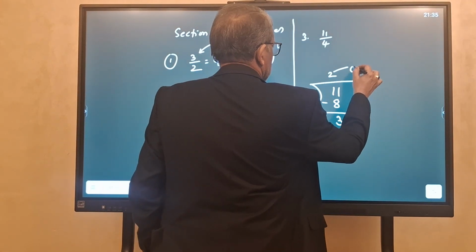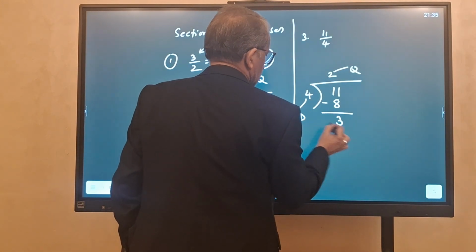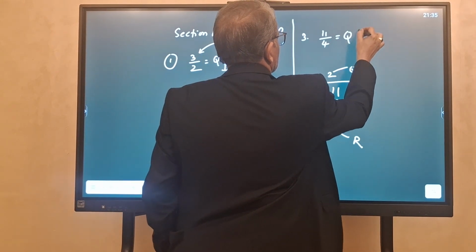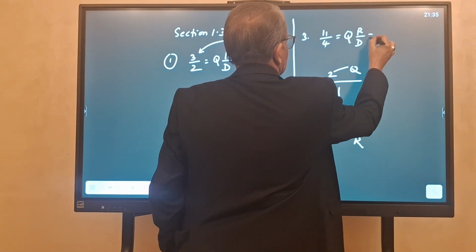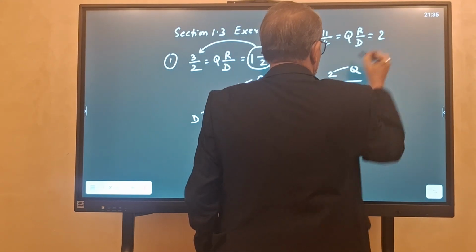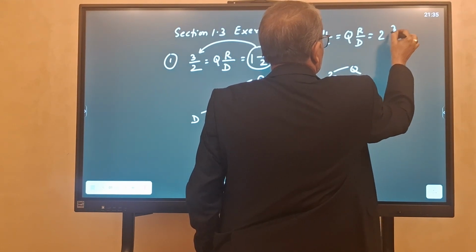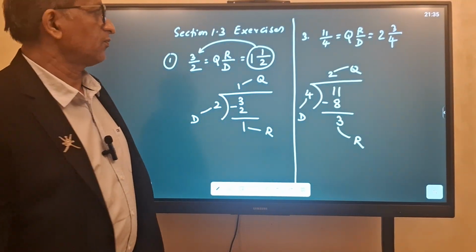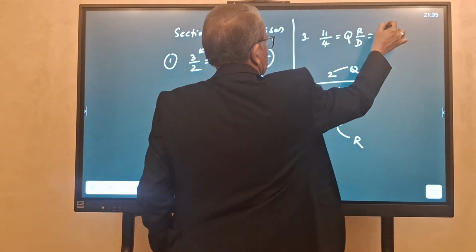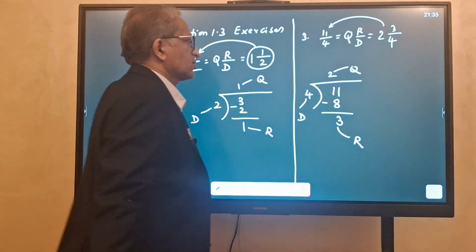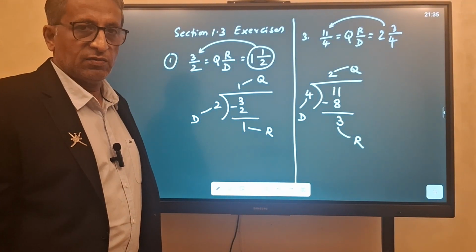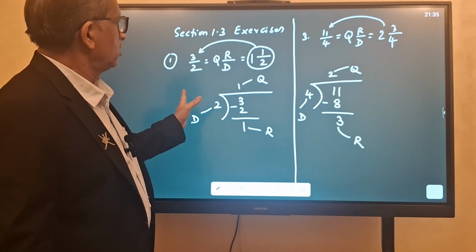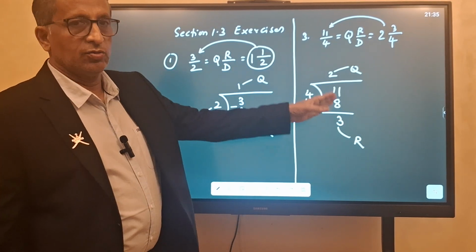So this is the quotient, this is the divisor, and this is the remainder. So Q R by D. Q is 2, R is 3, and divided by 4. So 2, 3 by 4 is the mixed number for the improper fraction 11 divided by 4. So this is how we convert an improper fraction to a mixed number.